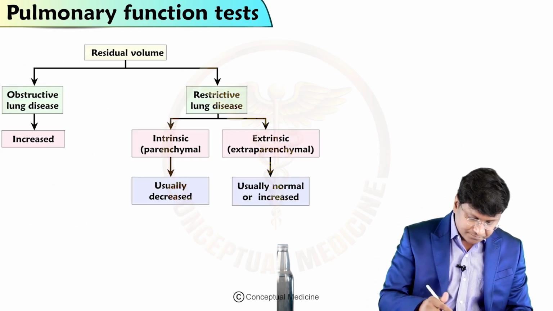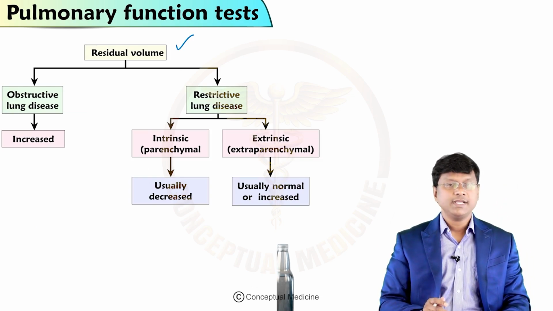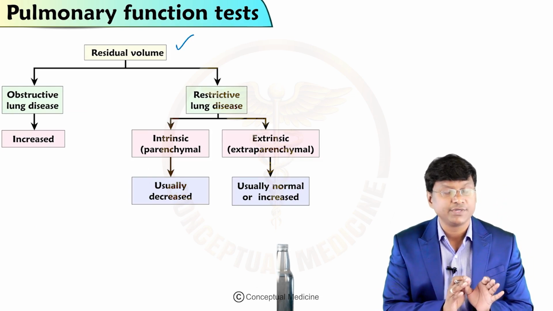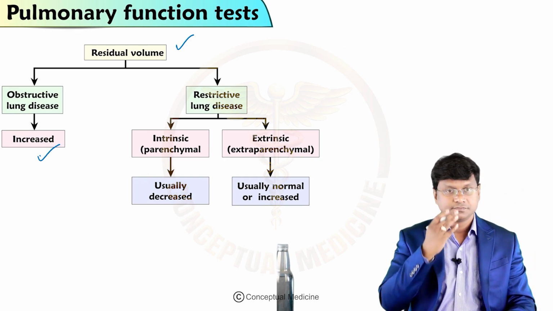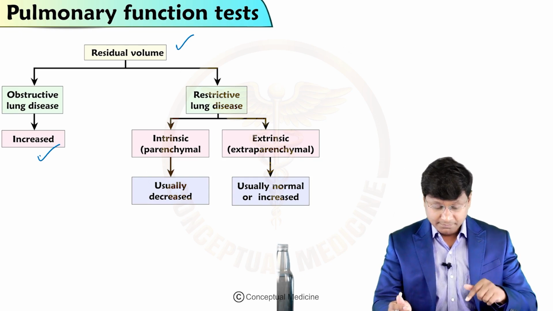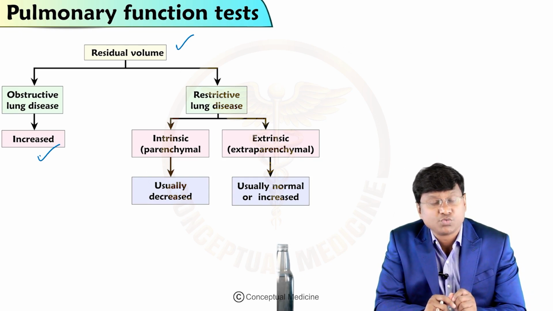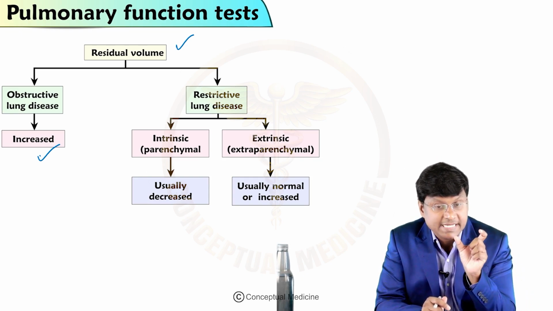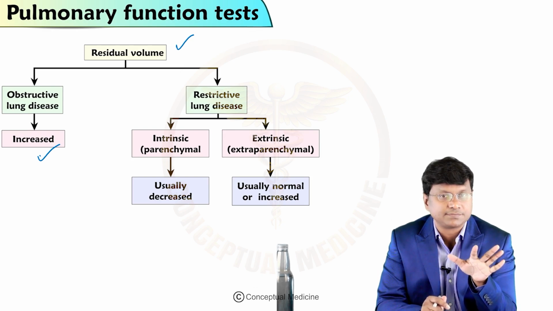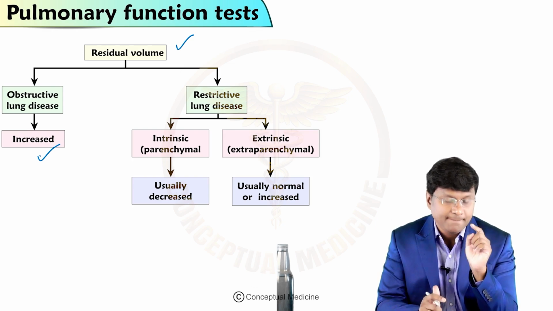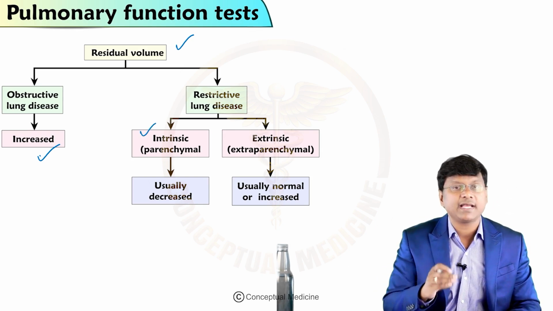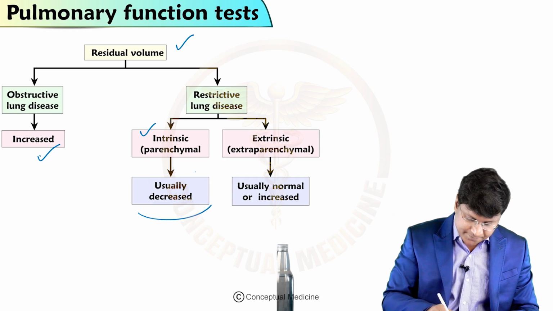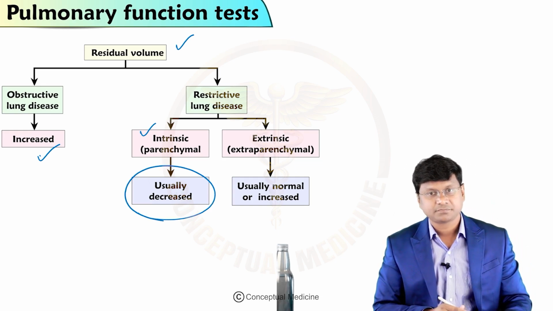Then you take the residual volume also. Residual volume in case of obstructive lung disease, no doubt in that, it is increased. Whereas in restrictive lung diseases, what did I tell you? I have used the terminology generally decreases. So you have to remember that mainly in intrinsic or parenchymal type of restrictive lung diseases, the residual volume is decreased.